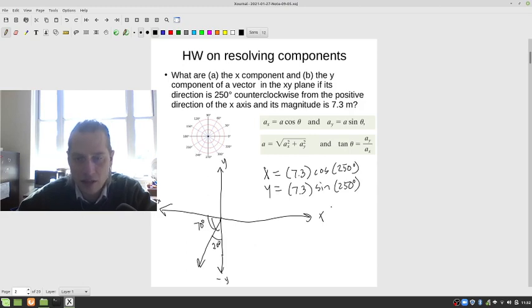The nice thing about this notation is that it already takes care of your signs for you. Just looking at this picture, you can tell that this vector is going to have a negative x component and a negative y component because it's over here in the third quadrant. But this takes care of that for you.